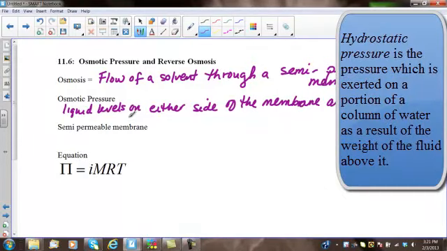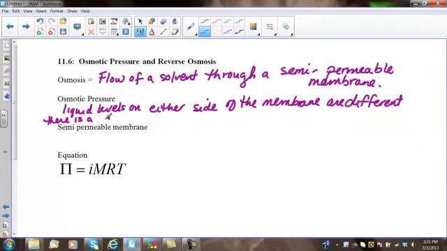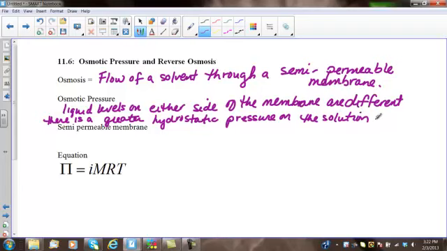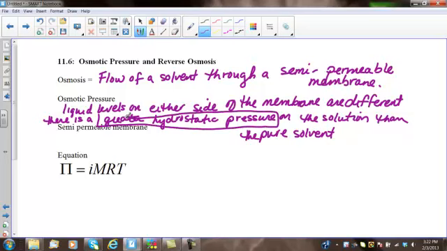And what happens is there is a greater hydrostatic pressure on the solution than the pure solvent. So this greater hydrostatic pressure is basically the osmotic pressure.